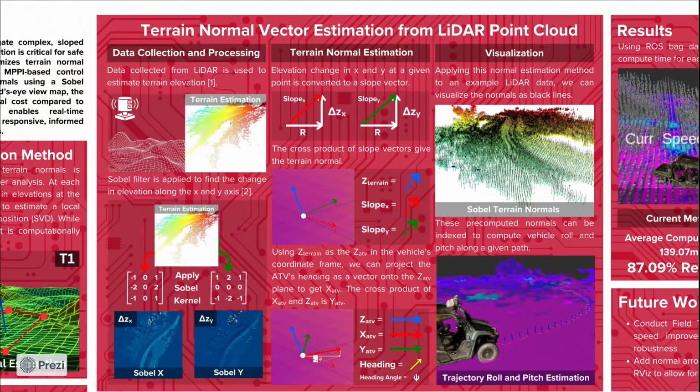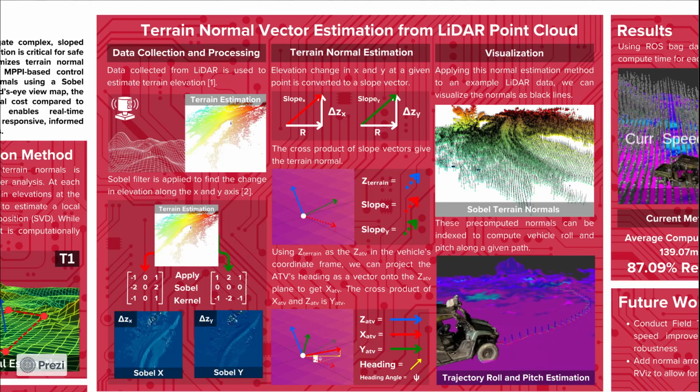Now, the way that this works is, first step is gathering the LiDAR information from the terrain. Essentially, the LiDAR collects a point cloud. That point cloud is then simplified to primarily look at the ground plane. Then it is turned into an elevation map, which can then be indexed in order to actually get the values we are looking for. So once you have that terrain estimation, you can then apply a Sobel filter.